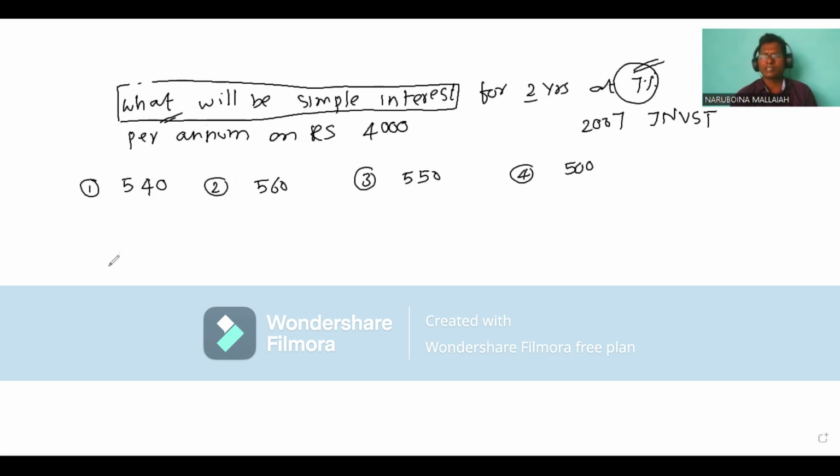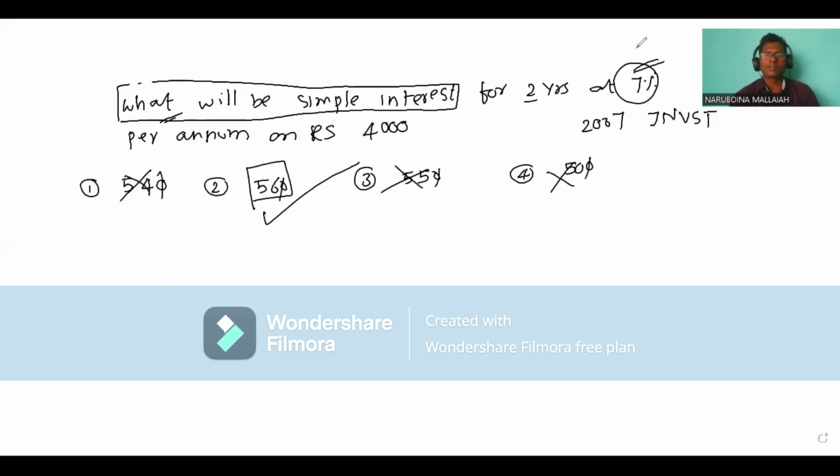No more calculations, no more reading. 7. So out of these numbers, cancel one zero, no need of this zero. In the 7 table, this 56 is present. 7 8s are 56. This will be our correct answer. 54, 55, 50 are not in the 7 table. That is the magic trick I played here.